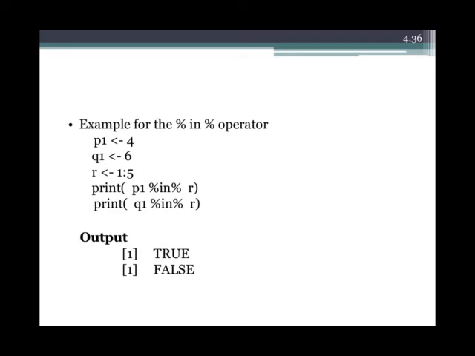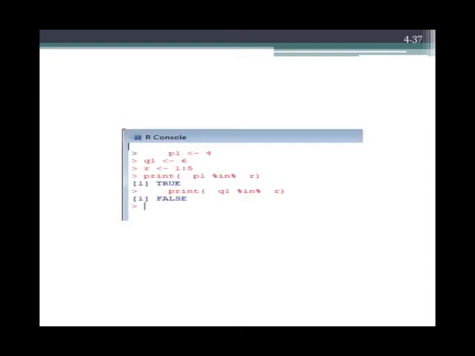The second one, we are talking about Q being in R. Q is 6, R is only 1.5, so it will return the value false. The output from the R environment is given.